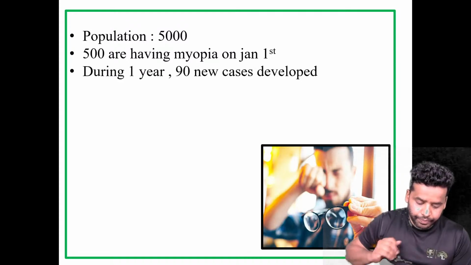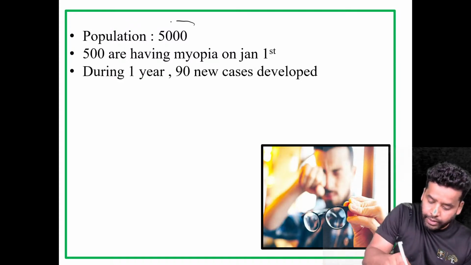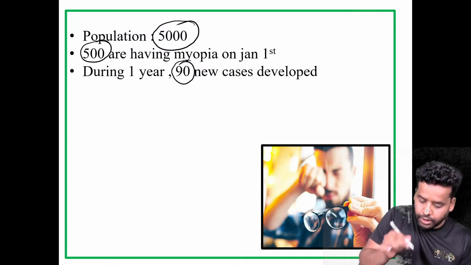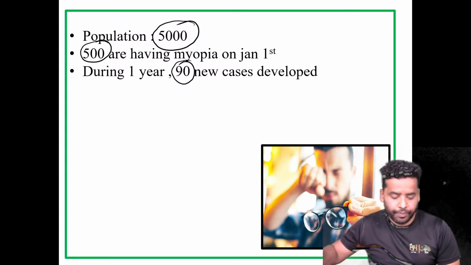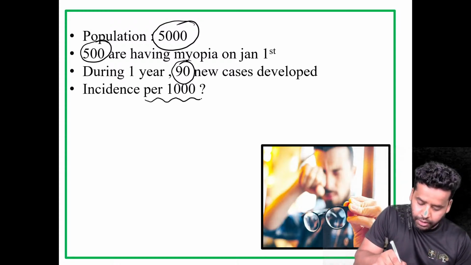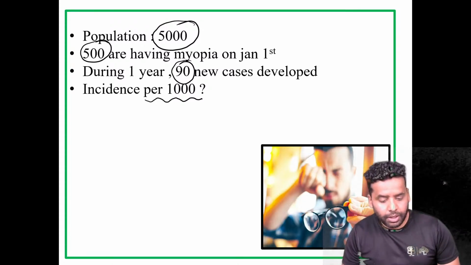So for example, I'm telling, take this question. Population is 5,000. 500 are having myopia. After 1 year, 90 new cases developed. Multiplier is 1000. They've asked in the question. If they mention the multiplier in the question, that is what you have to multiply with.